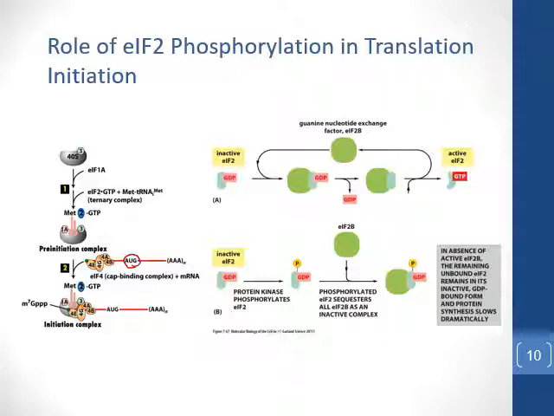Now, in order for that to happen, you need this protein called EIF2. EIF2 is a G protein. You can see it right here. So you've got EIF2, you've got your tRNA that has methionine attached to it, and you have your ribosome, and then you have some other proteins here.